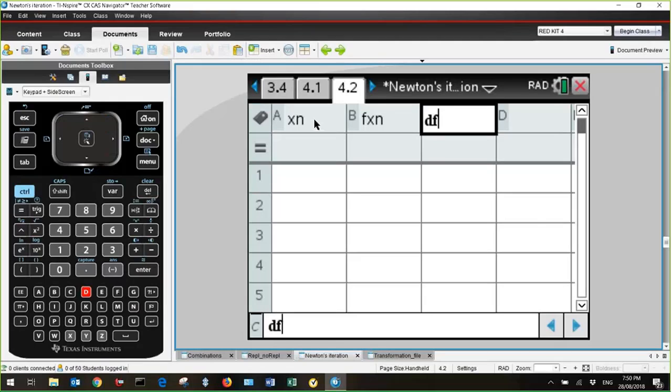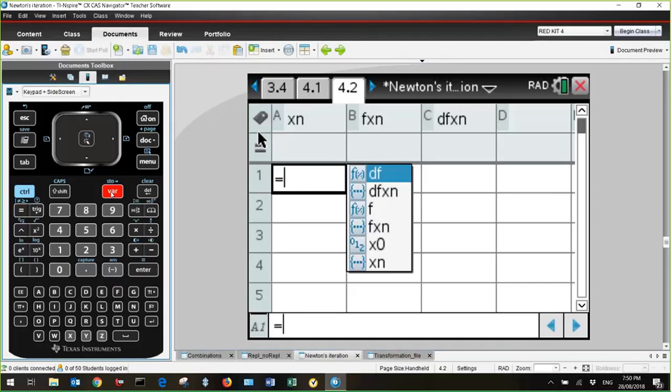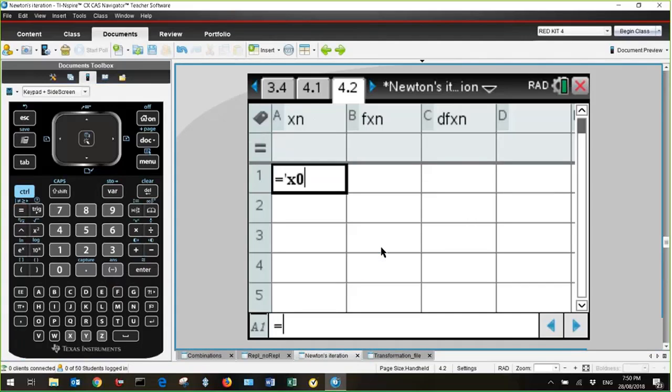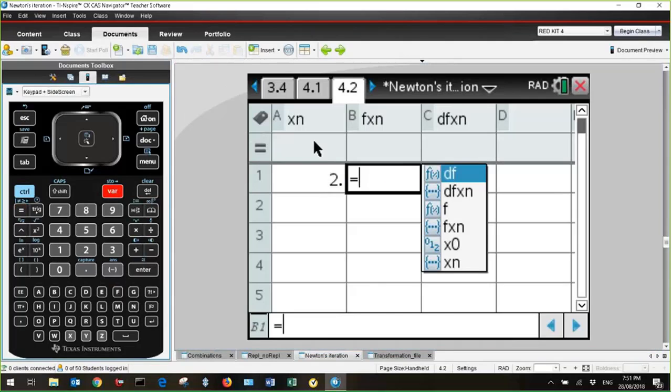Right, so my initial value of xn is the one that was x0, so I'll grab it from here, x0, and now f of xn equals, so it's going to be f of whatever I have in cell A1.